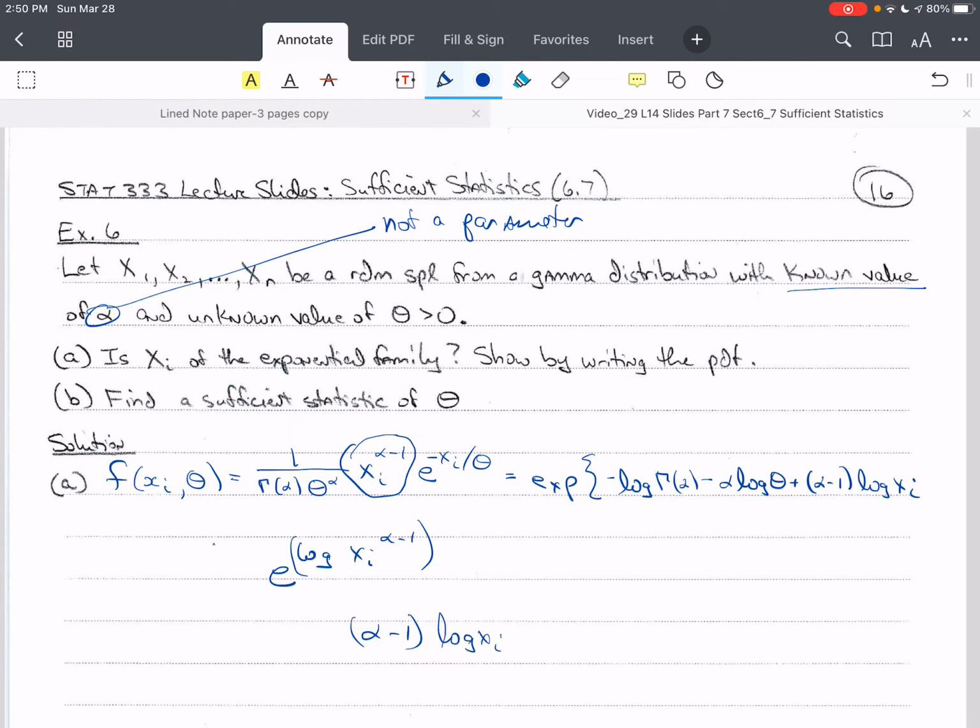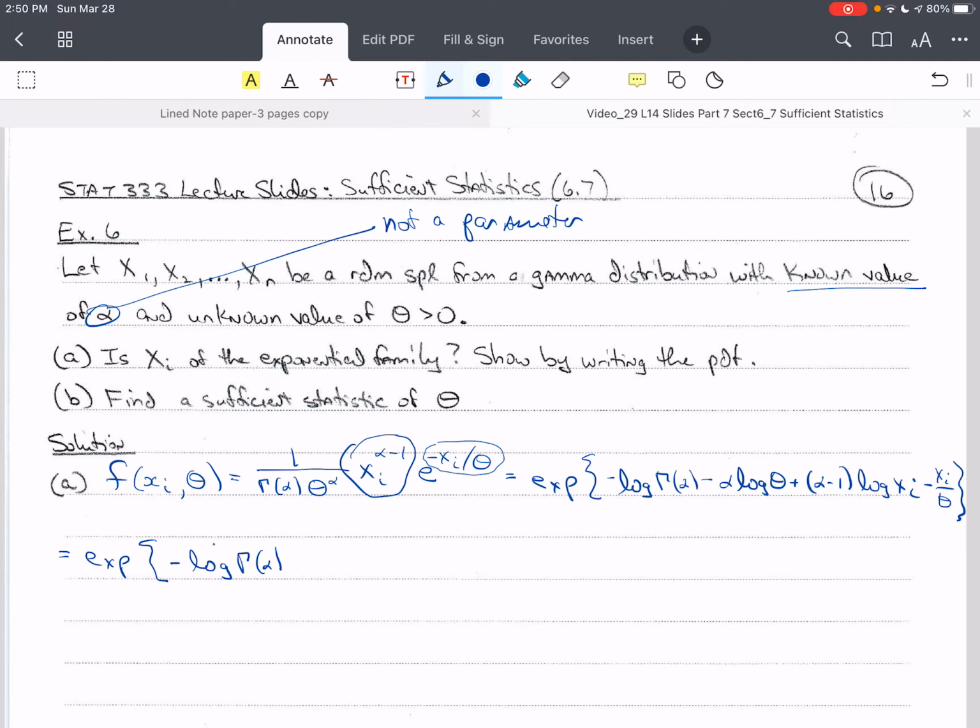And we already have the other term in the exponent of e, so we don't have to change that portion at all. So we have minus x sub i over theta. Now what we want to do is rearrange this. So this is equal to exp of, and I'm going to put negative log of gamma of alpha.